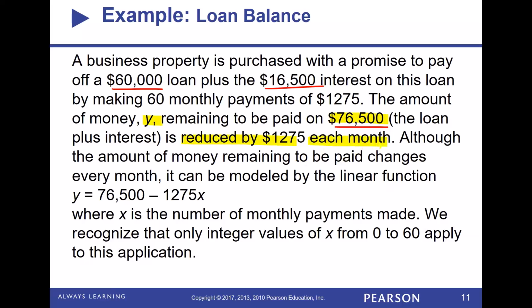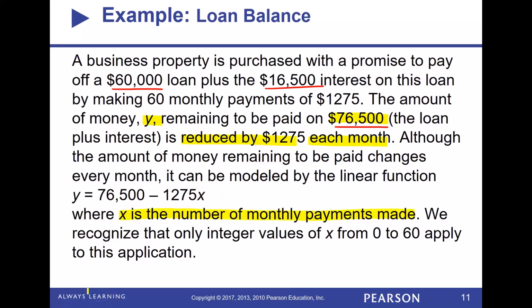Now, every month that's going to change, so each month is actually a variable. So we're going to call that variable x. So we have 76,500 minus 1,275 times x. And we're going to let x equal the number of monthly payments that we actually made.